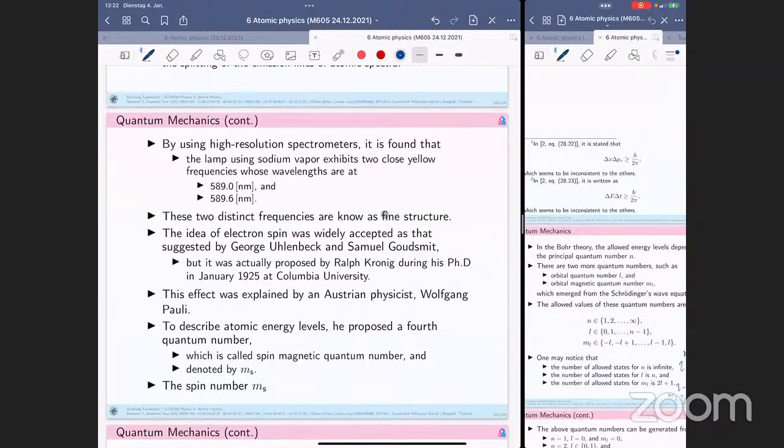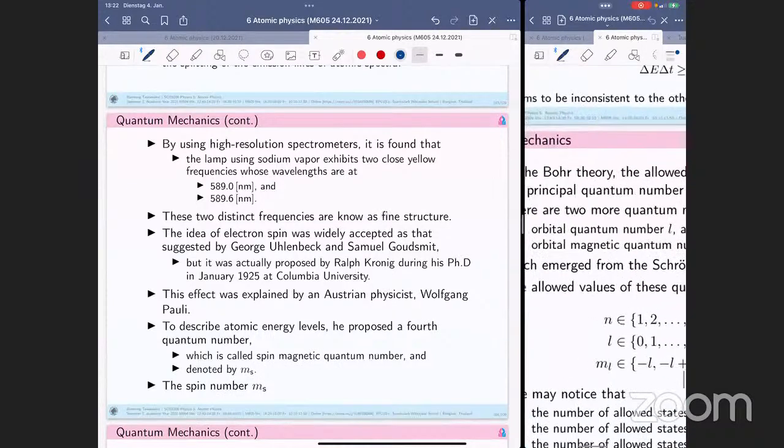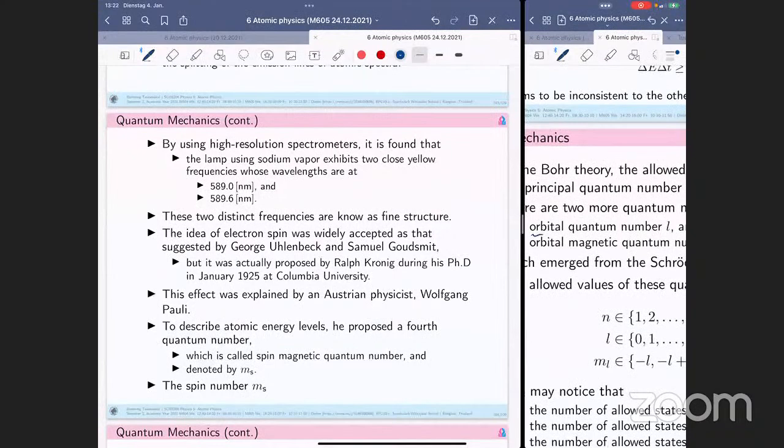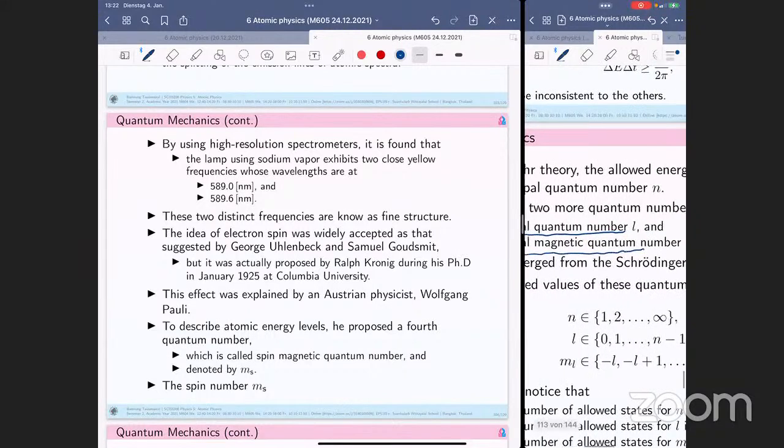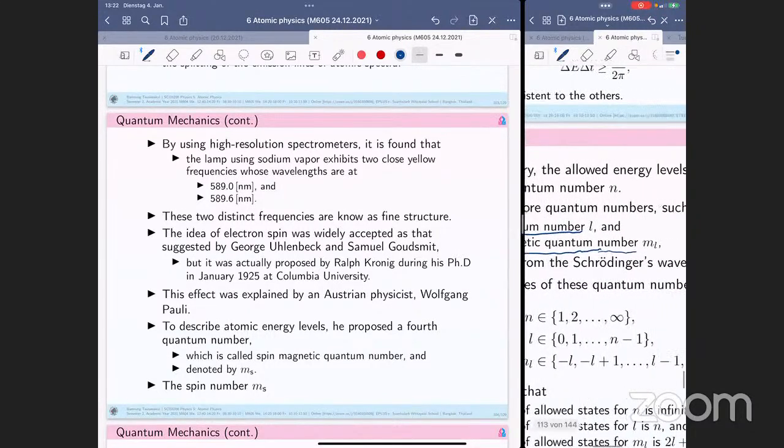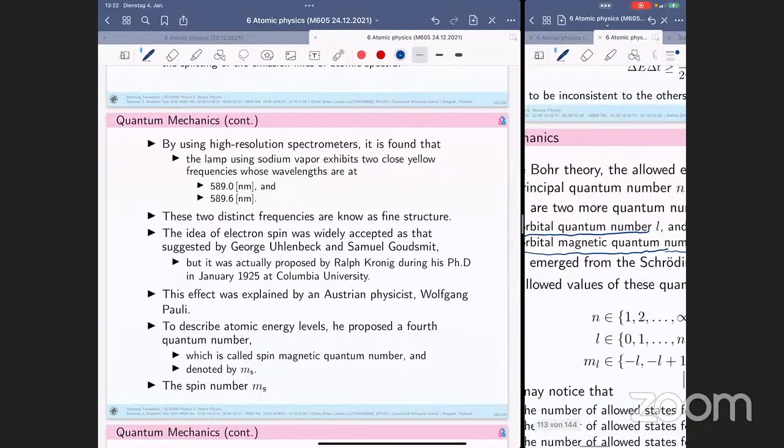I need to mention again here: orbital quantum number L and orbital magnetic quantum number m with subscript L, and the fourth or last one is spin magnetic quantum number, m with subscript S. Simply speaking, we call it spin number m_s.